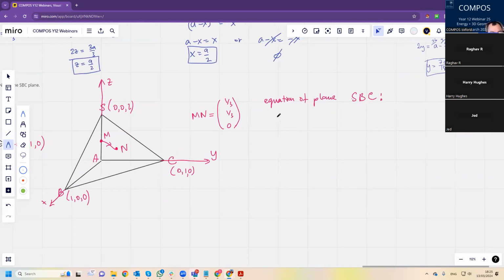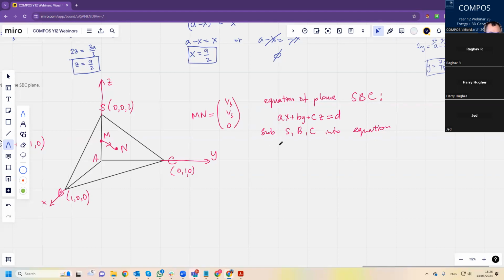We know that the equation of a plane is ax plus by plus cz equals d. So we can substitute all 3 points, S, B, C, into the equation.